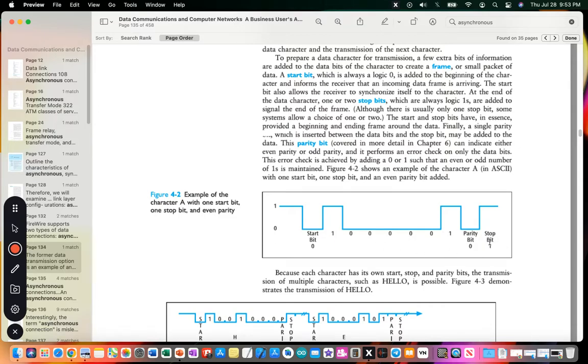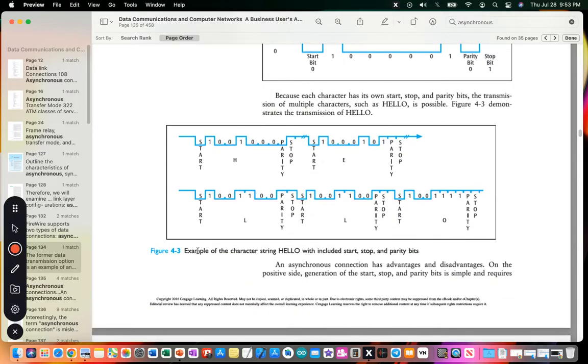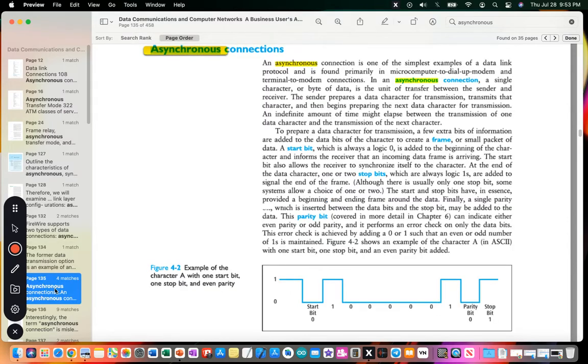This is to end, and this is to check, like for error correction and detection. And here's an example of sending a hello string. So start bit, then parity, then stop, then start bit, then parity, then the string, then parity, then stop, and keep going.